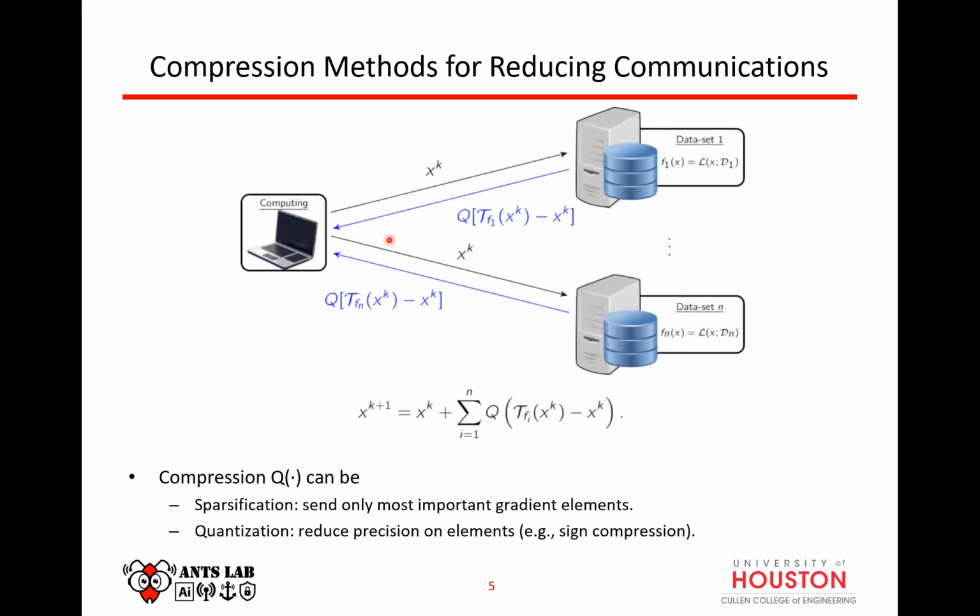They are compressed before sending them across to the server, where the server performs the aggregation of the compressed updates and continues to compute the global model, and this entire training can continue in this way. Here Q is your compression, which can be, for example, sparsification, where you usually send the top K or most important gradient elements, or quantization, which reduces the precision of the elements, or any other compressor which satisfies this kind of property.